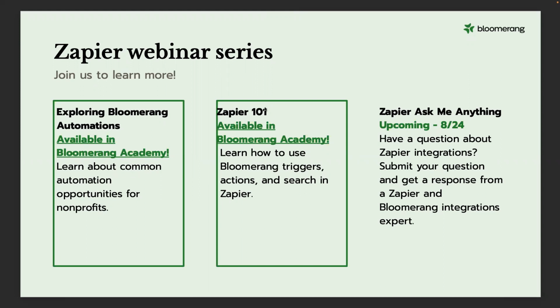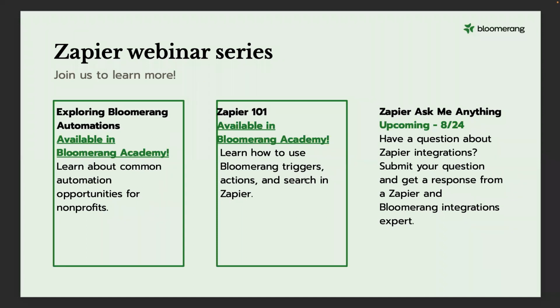If you weren't able to attend the Zapier 101 webinar or didn't watch the recording, some of the concepts we cover today may feel a little bit advanced as we're going to dive right in. So we recommend also watching Zapier 101 if you haven't yet, because it covers some of the key concepts and foundational elements of Zapier and the Bloomerang Zapier app. And I believe Diana is going to send the links for the past webinars in the chat, so look for those as those come through here in just a minute.